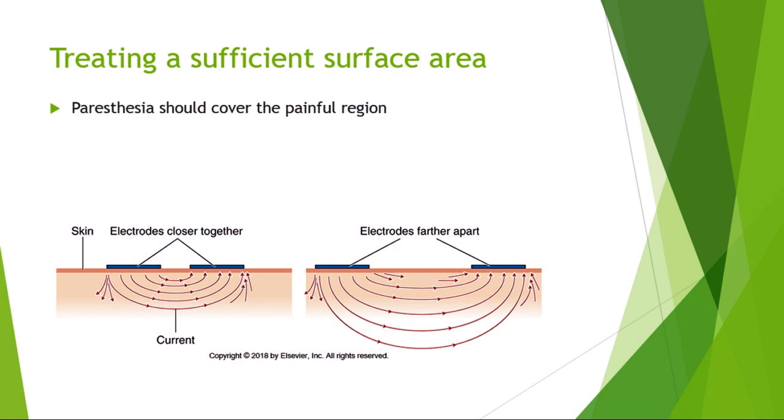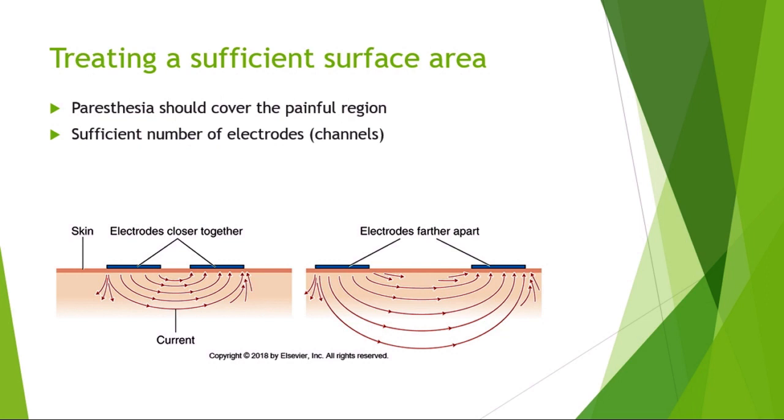You want that to cover the painful area, but just think about where the painful region is, how deep it is. If the electrodes are closer together, you're going to get a more superficial flow of current. If they're farther apart, you're going to get a deeper flow of current. Also taking into consideration what tissues are deep to the surface that you're working on. You want to have a sufficient number of electrodes and channels to cover that painful region.